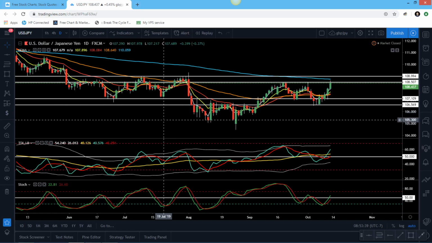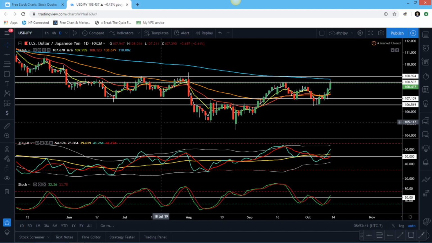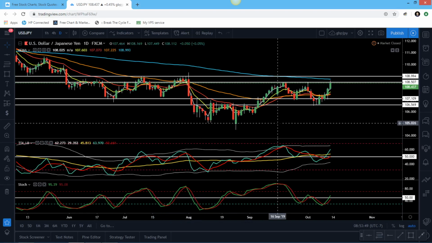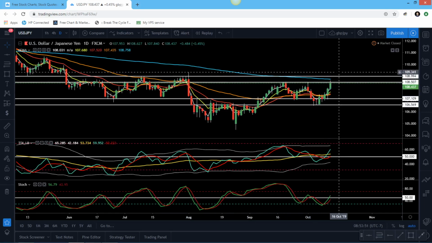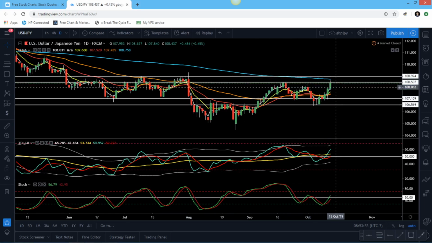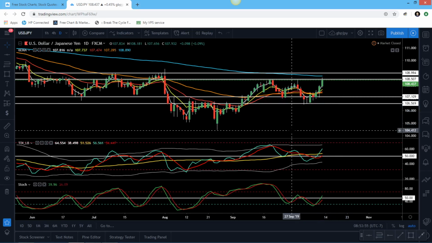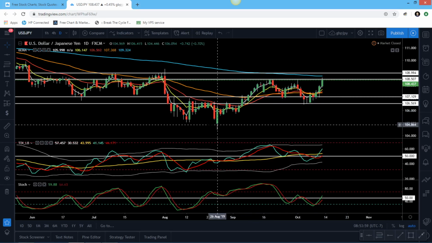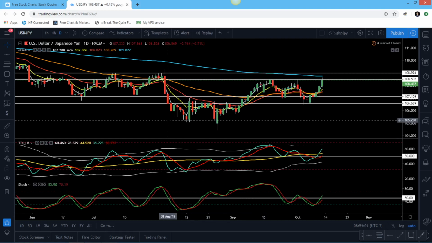It's open to interpretation, and everybody sees it a little bit differently, but that's my analysis of what we're looking for UJ to do. It's either going to continue going up after the confirmation, or it's going to come back down to this area potentially.